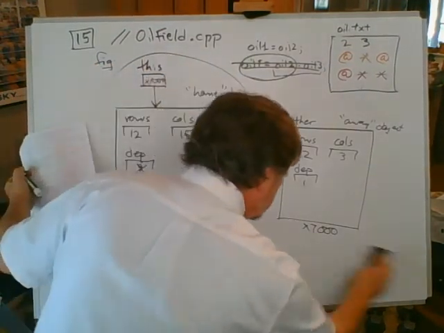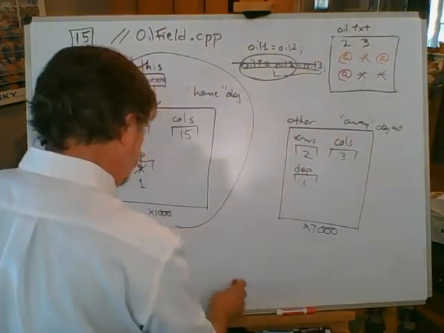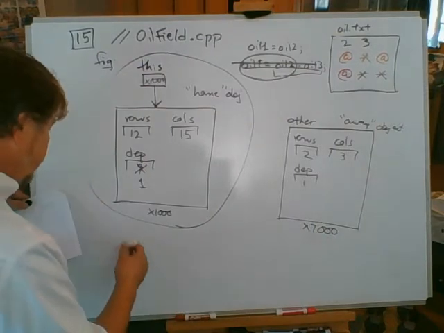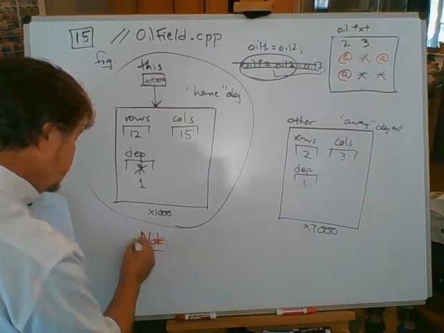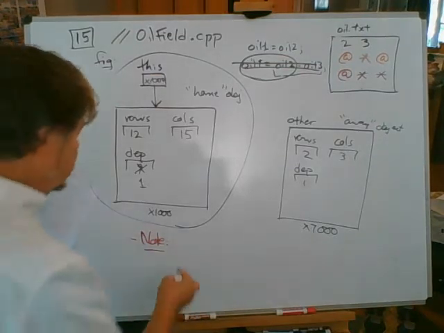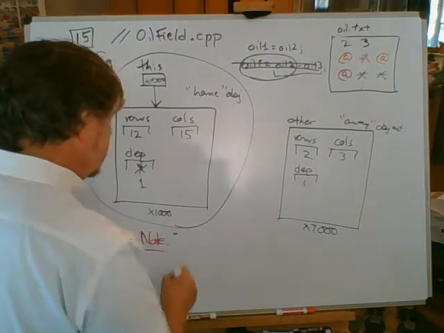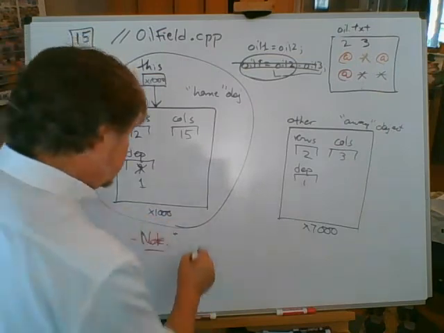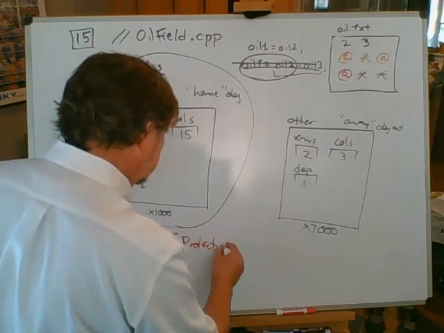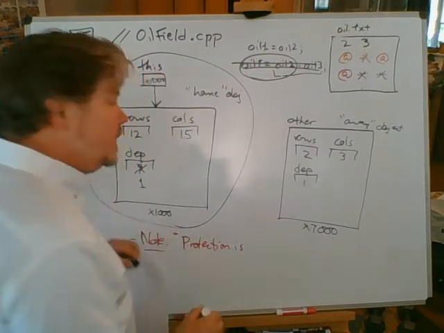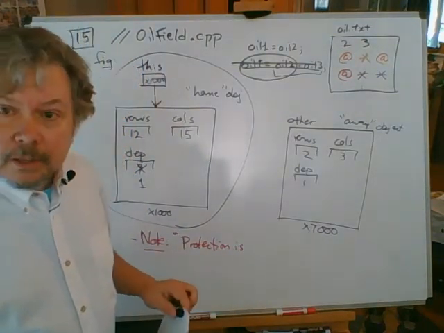I almost feel like I should erase the whole board to write this up here. But here is a big note that applies to all 3 of those assignment statements in shocking blood red. Protection. I'm going to put this in quotes. I'm going to make it look sacred here. Protection. And that means limited visibility of the private variables.